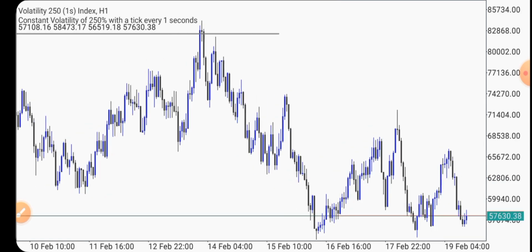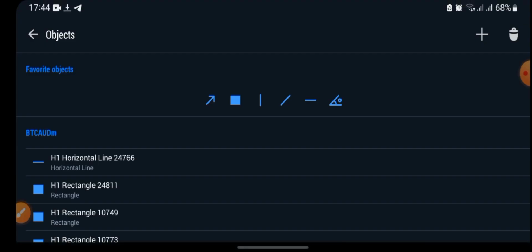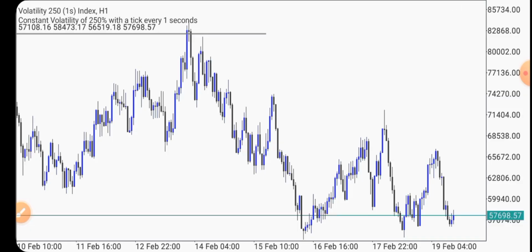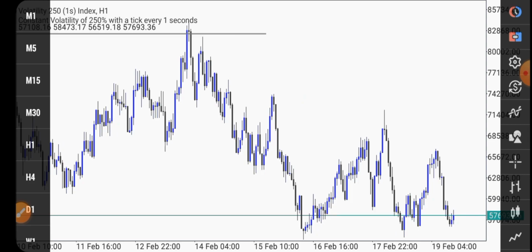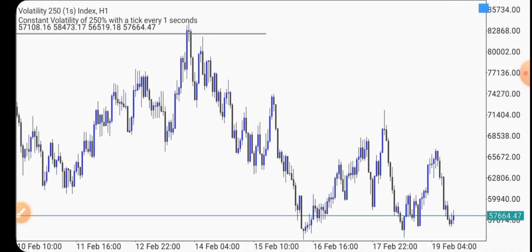In our 1 hour time frame, we're going to look for specific things: the order block, the break of structure, the liquidity sweep, and all this stuff. We had something like this before we reversed.